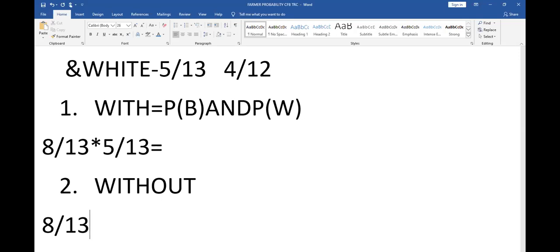Now I want to pick, and I am not replacing. The ball that I've picked, there were 13, nikishaitoa, sirudishi tena. So the number of balls remaining is how many? 12. So I want to pick a white ball. How many white balls are there? 5. But how many total balls are there? 12. This is what with replacement and without replacement means.